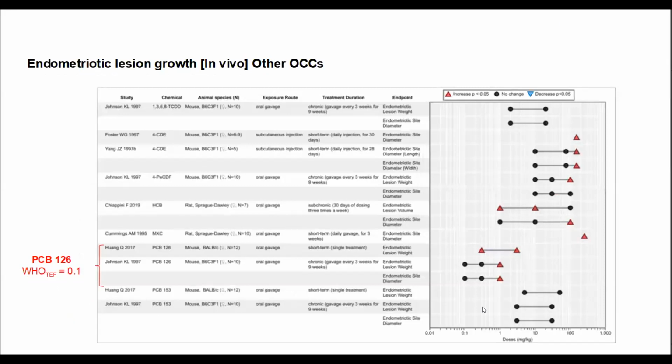When we see the other OCCs, we found very inconsistent results. In some cases there is association, in others not. But interestingly, in the case of the most toxic PCB in terms of the dioxin-like activity, we find some consistency with TCDD.